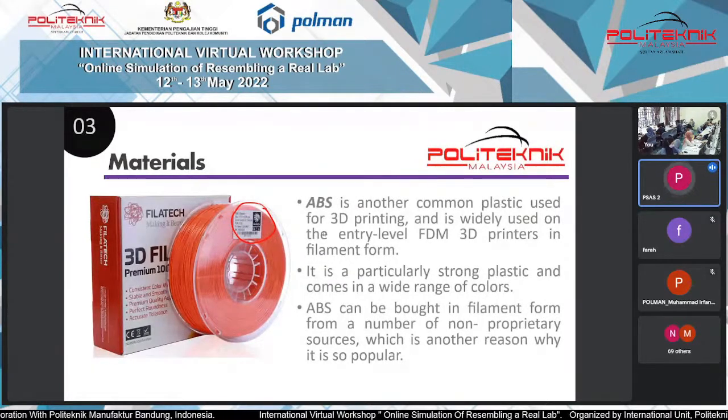ABS can be bought in filament form from a number of non-proprietary sources, which is another reason why it is so popular. You can buy 3D printer filament from a company that produces only filament instead of the total solution for 3D printers.